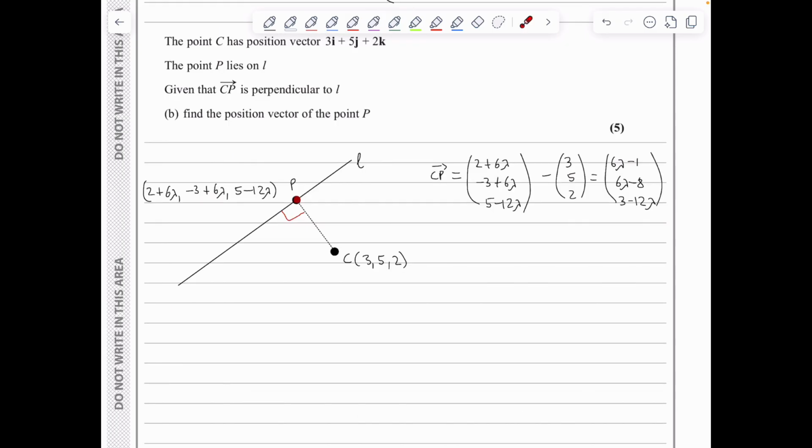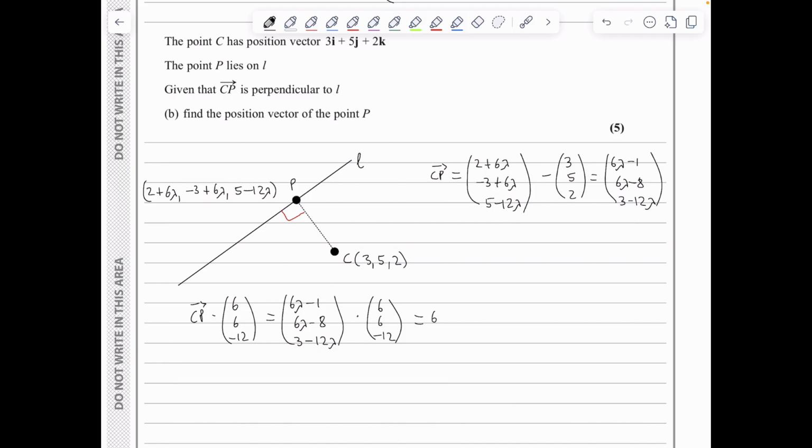And we know that since CP is perpendicular to L, it must be the case that the vector CP dot the direction vector of the line, which is (6, 6, -12), must be 0. So we're looking at (6λ - 1, 6λ - 8, 3 - 12λ) dotted with (6, 6, -12). Well, we proceed by doing the i times the i, then the j times the j, and then the k times the k, and adding everything together.